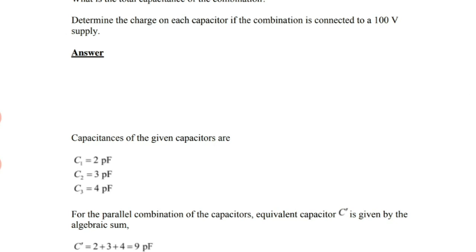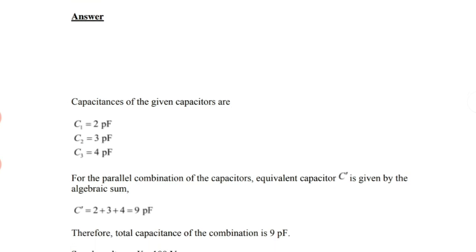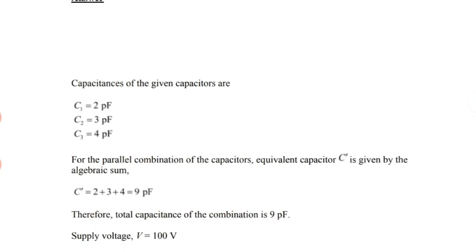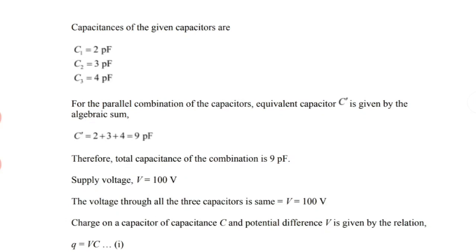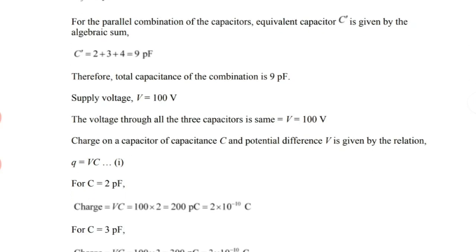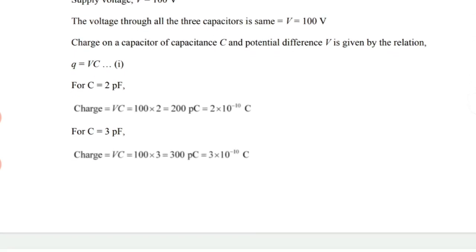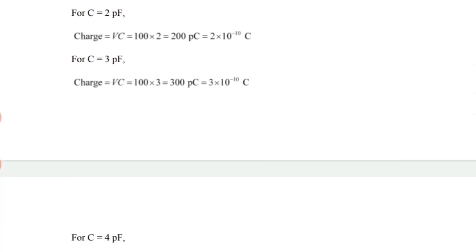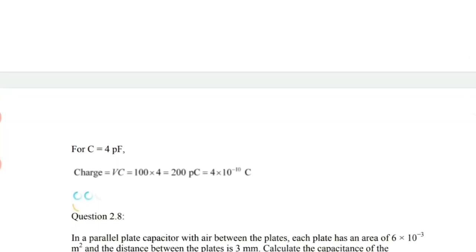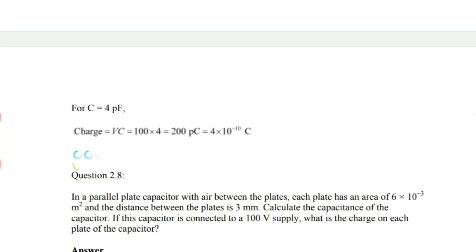This is a parallel combination, so the potential difference will be the same across each one, 100 volt. The charge on each capacitor will be that capacitance into 100. So it will be 2 × 10^-10 coulomb, 3 × 10^-10 coulomb and 4 × 10^-10 coulomb.